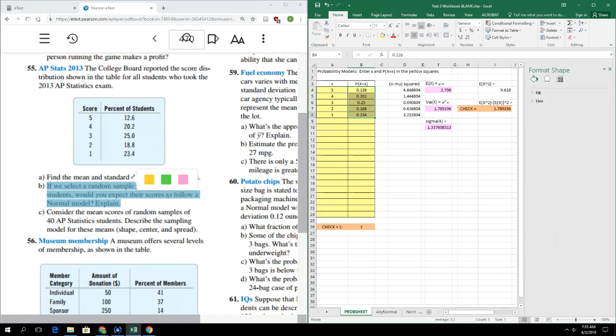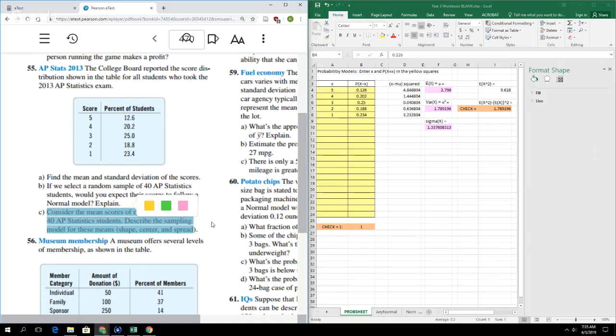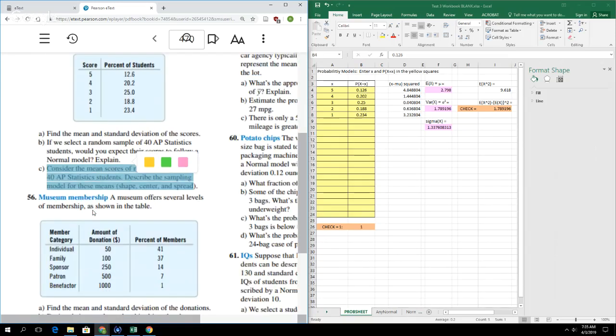Consider the mean scores of random samples of 40 AP statistics students. Describe the sampling model for these means. Well, it would be unimodal, symmetric, centered around the population mean. Otherwise known as talking around normally distributed.